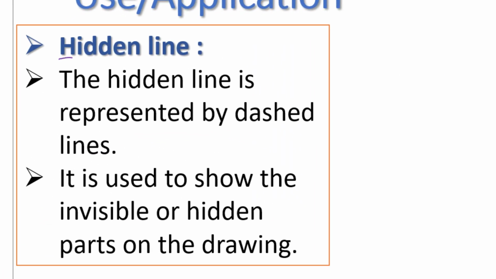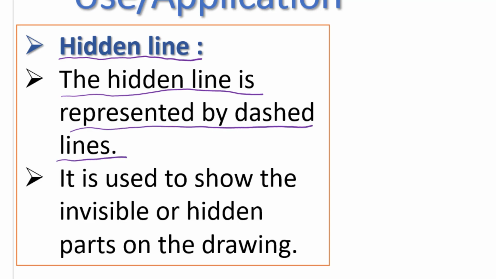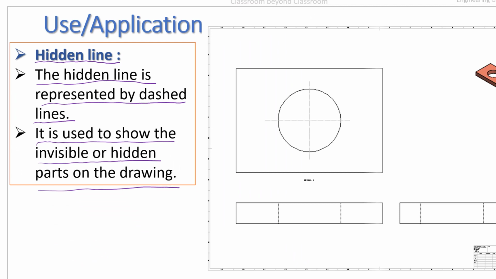Now another important line is the hidden line. The hidden line is represented by dashed lines. Dashed line we discussed, that is the combination of short dashes. And hidden line is used to show the invisible or hidden parts of the drawing.